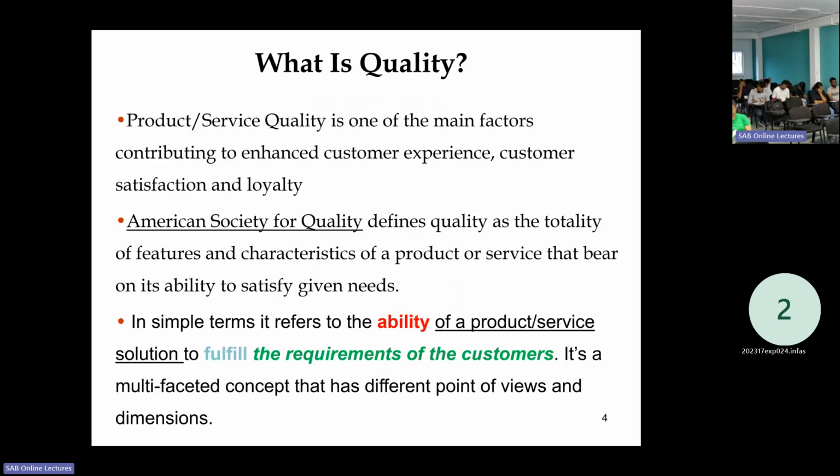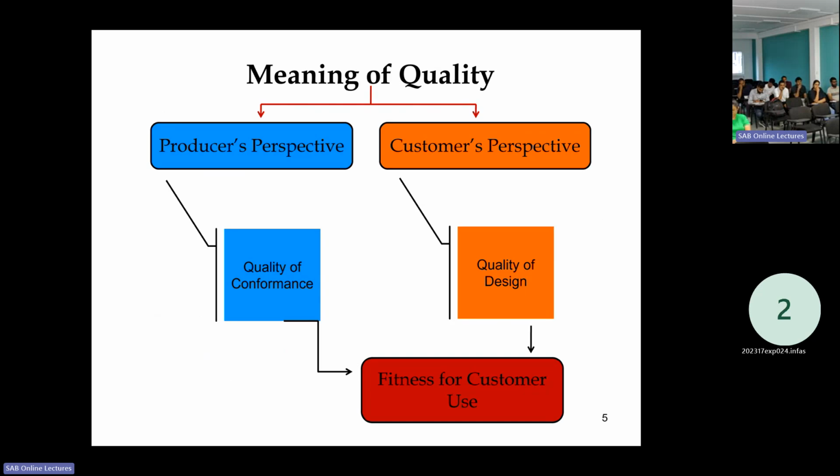So in the previous definition, that is what is mentioned here. Right? In simple terms, quality refers to the ability of a product to fulfill the requirements of the customer. That is a simple definition. That comes as a result of both quality of design and quality of control.